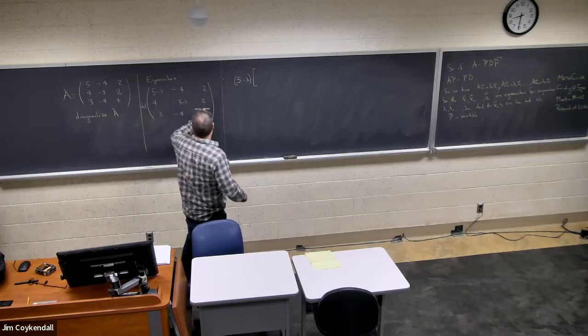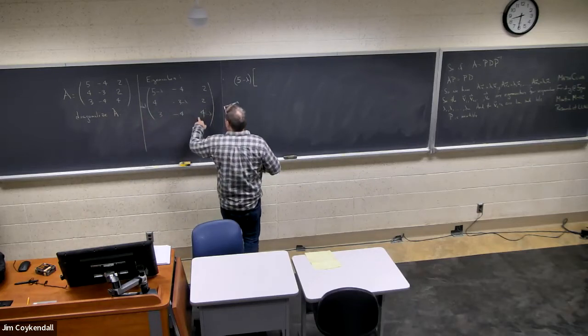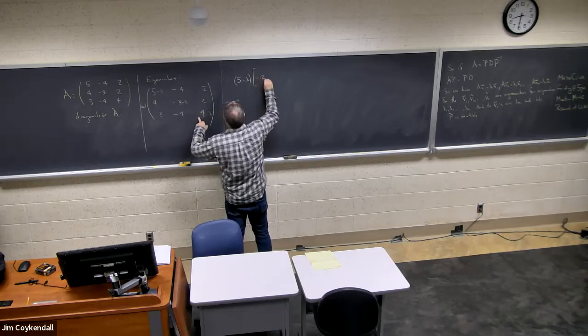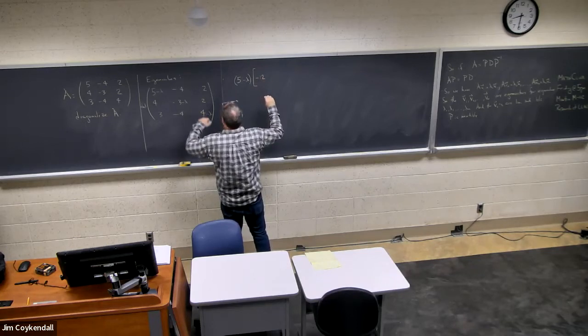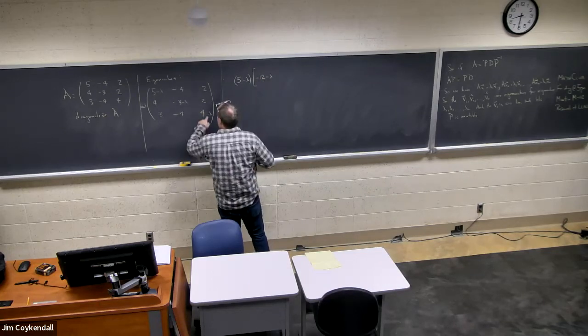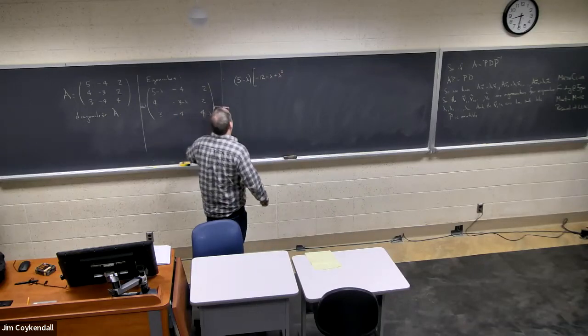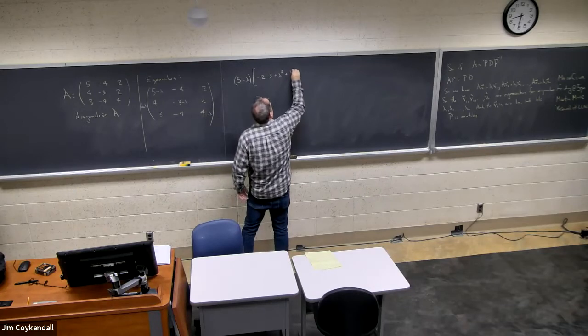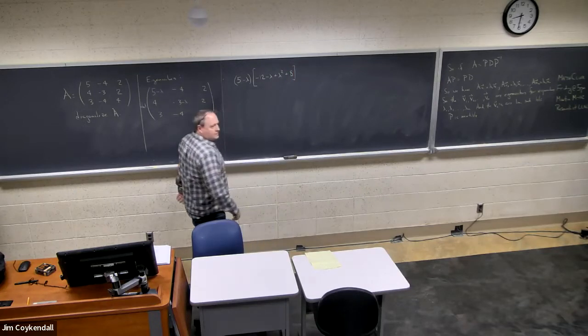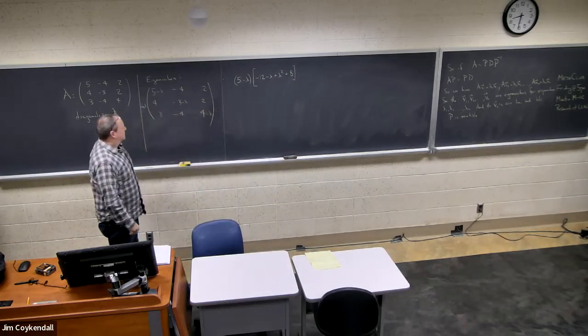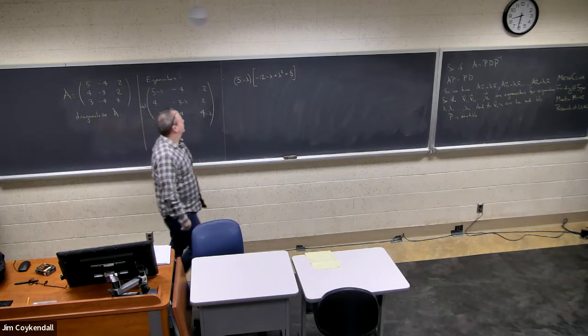This is the product of this, which is minus 12, plus 3 lambda minus 4 lambda, plus lambda squared, and then plus 8. You guys better watch me on this.